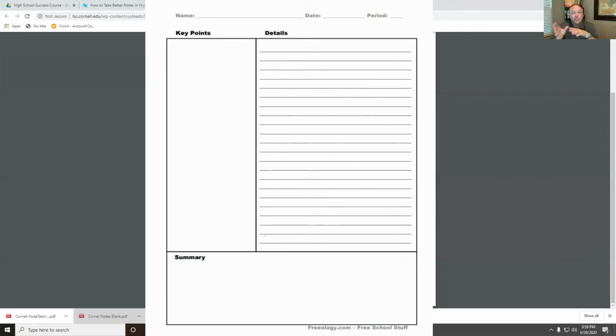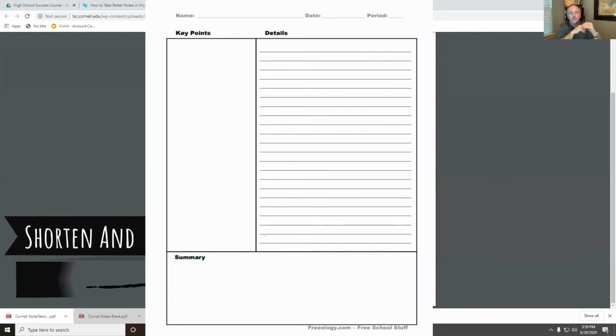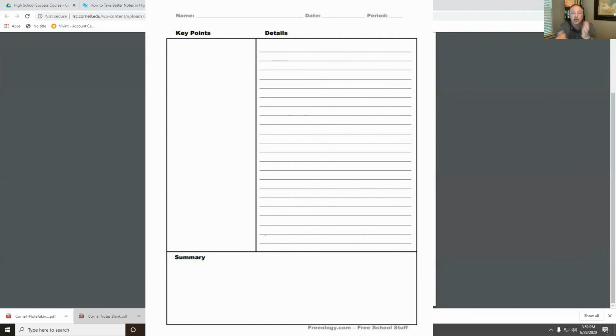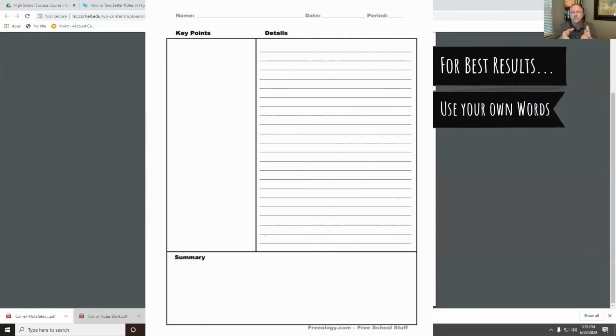Now, at this point, after you've got all these questions, you have an understanding, you have some key ideas, right? Then you want to cover up your note-taking side. So the right-hand side, you can fold it in half, fold it backwards, whatever. Looking at the questions or keywords, read them aloud in your own words, and then answer those questions just as if the teacher was asking you in class, all right?